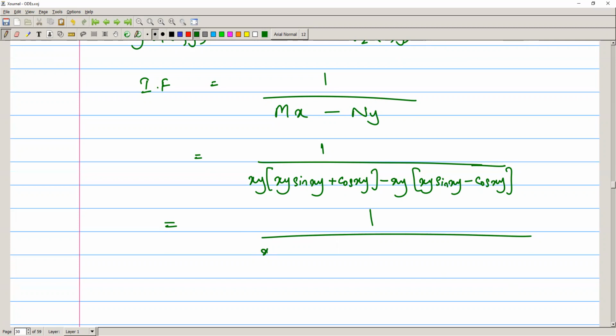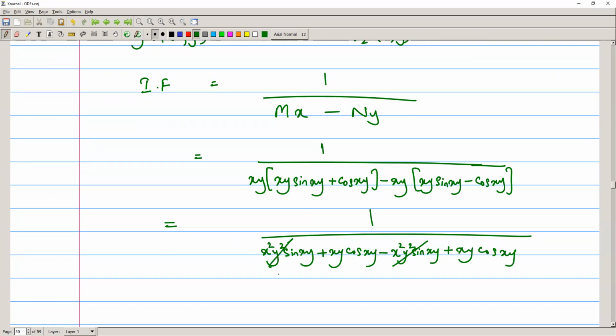It will be x squared y squared sine xy plus xy cosine xy minus x squared y squared sine xy plus xy cosine xy.